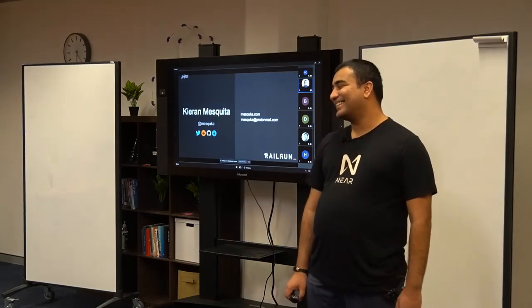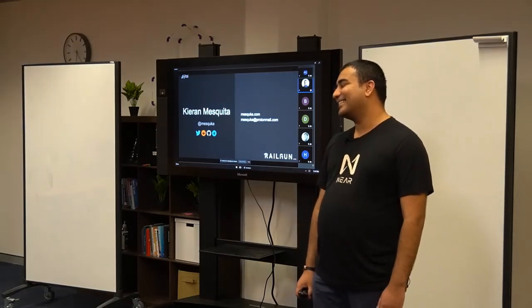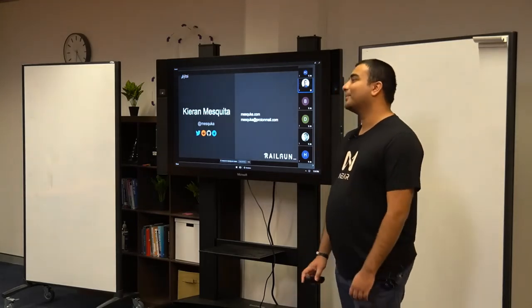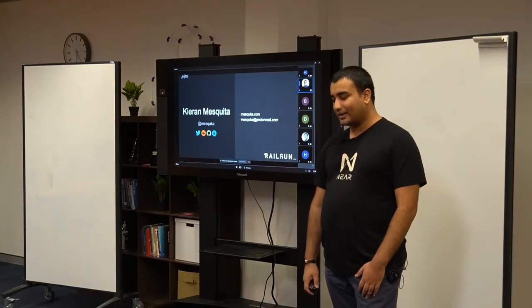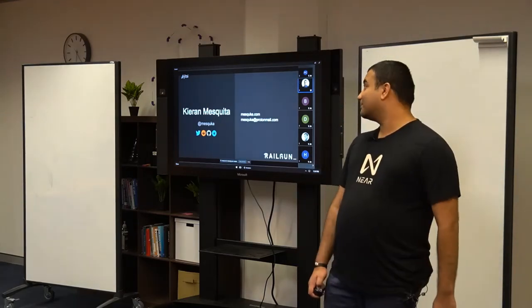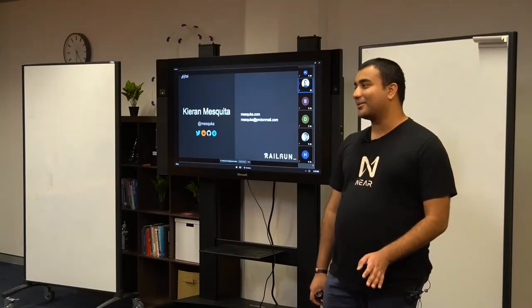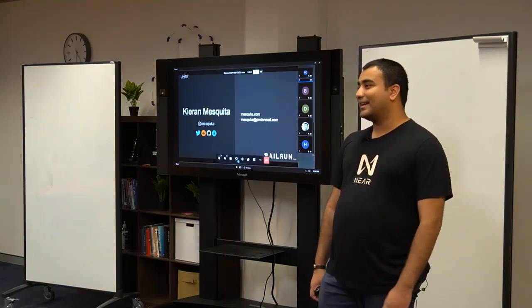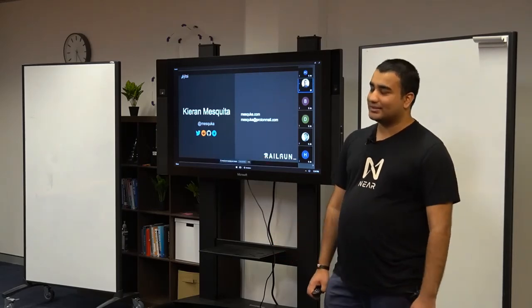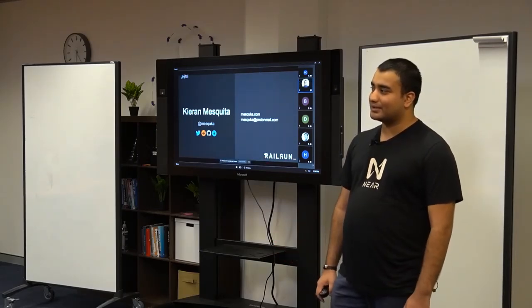How will dApps improve after the adoption of ETH 2.0? The biggest issue with dApps right now is transaction fees. For the vast majority of use cases, transactions are just prohibitively expensive.